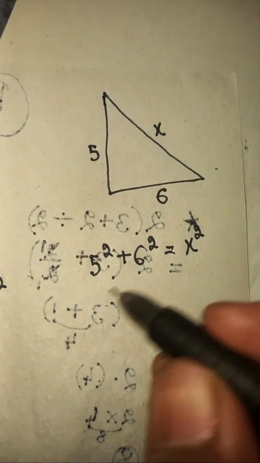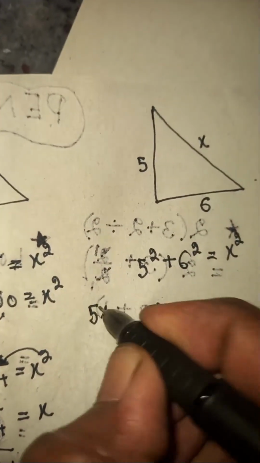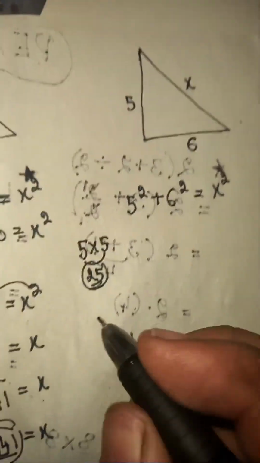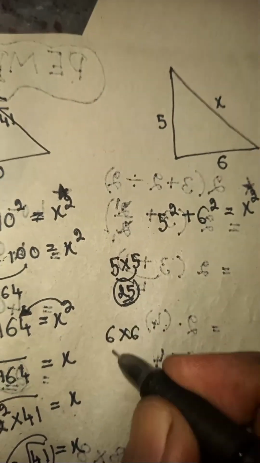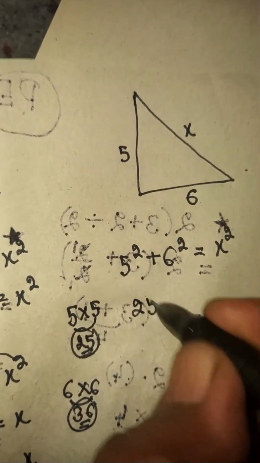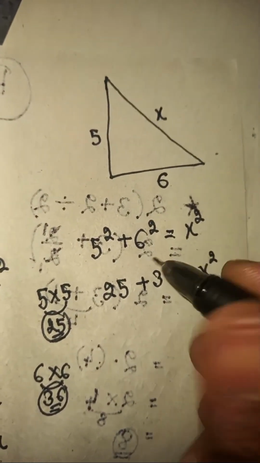If you want, you can take paper and practice there itself. 5 square means 5 times 5, which is 25, and 6 square means 6 times 6, which is 36. This is equal to 25 plus 36 equal to x square.